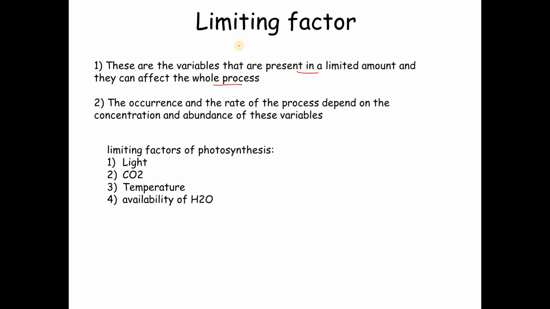As the name suggests, they are the factors which limit the reaction. The occurrence and rate of the process depend completely on the concentration or abundance of these variables. There are four factors which can limit photosynthesis: light, carbon dioxide, temperature, and availability of H2O. We are going to look at each of them one by one.